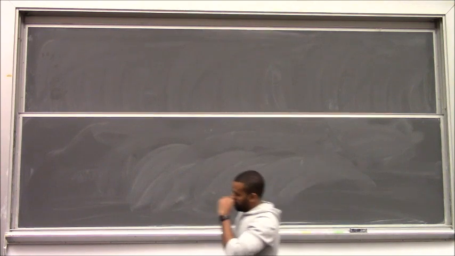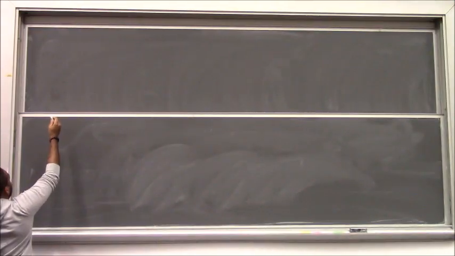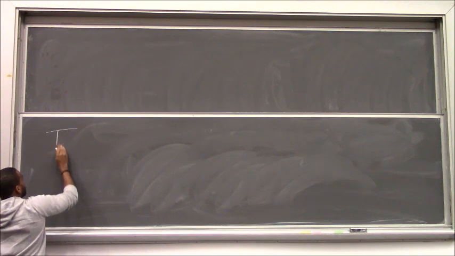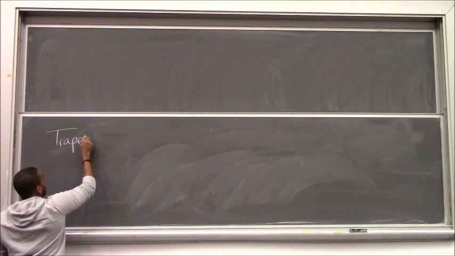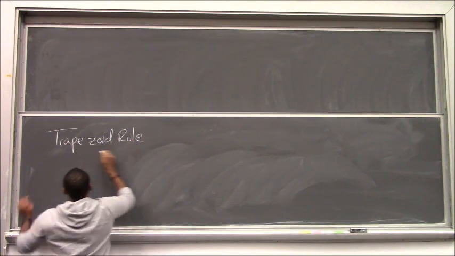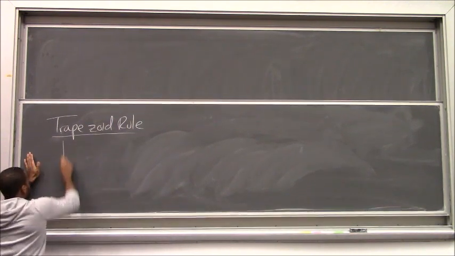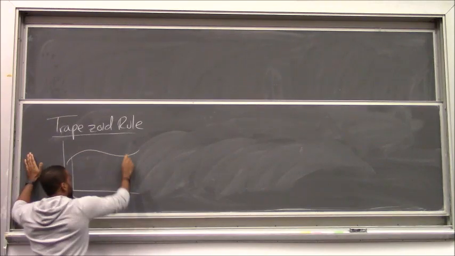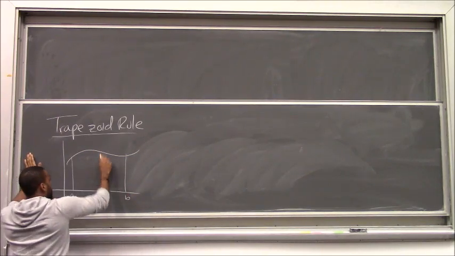Where were we last time? Yeah, there were two new approximation methods that we spoke about. There was the trapezoid rule. That was the idea that says you want to find the area under some function on an interval, finite length AB.